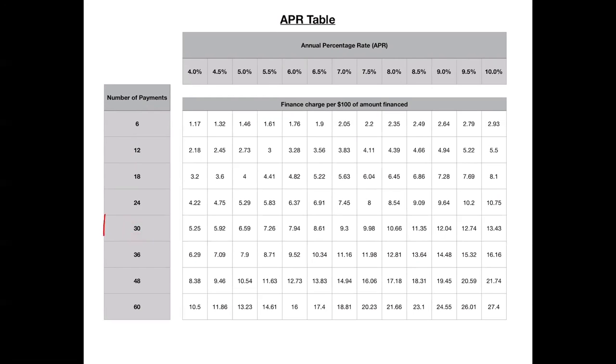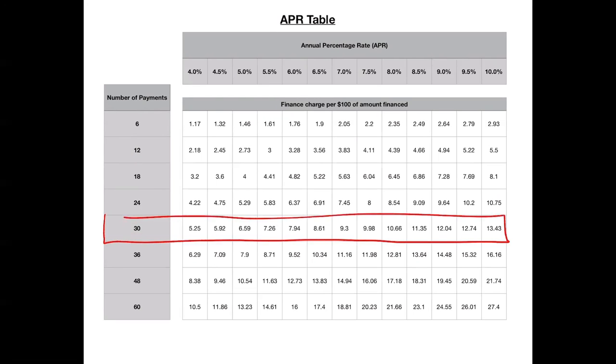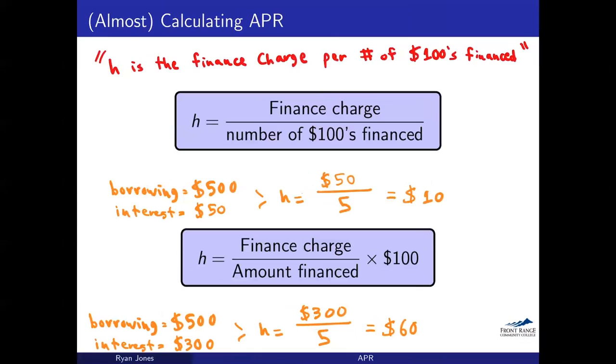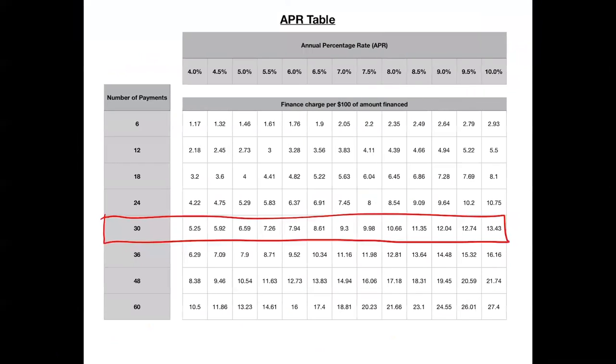We can just look right here and only look in that red. We don't care about anything else outside of that. Now, if you were to go through with the problem, and we haven't actually seen an example, but we will, let's say you work through the example and you figure out this value of H that we've talked about. You figure out the finance charge, you figure out the number of hundreds that have been financed, you get a value of H.